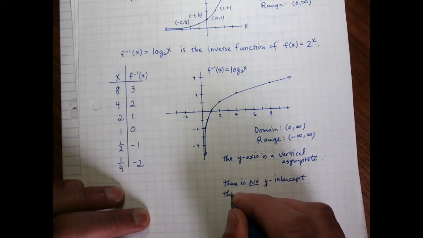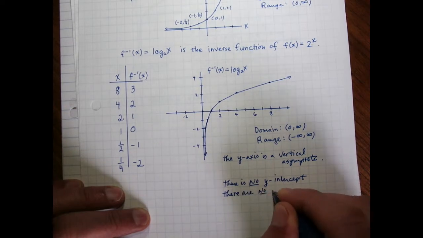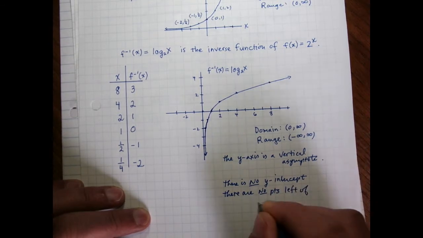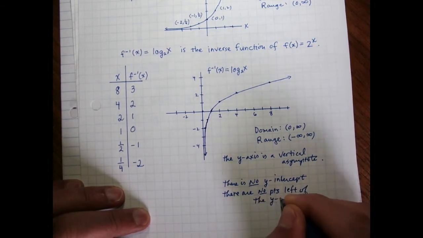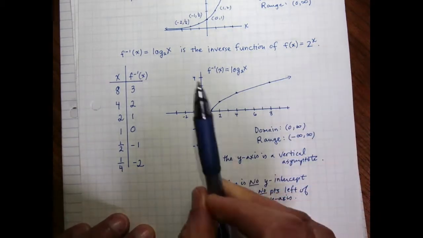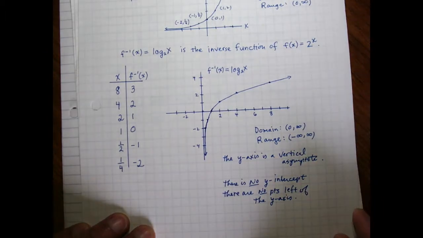Also, there are no points left of the y-axis. So this log function graph exists only to the right of the y-axis.